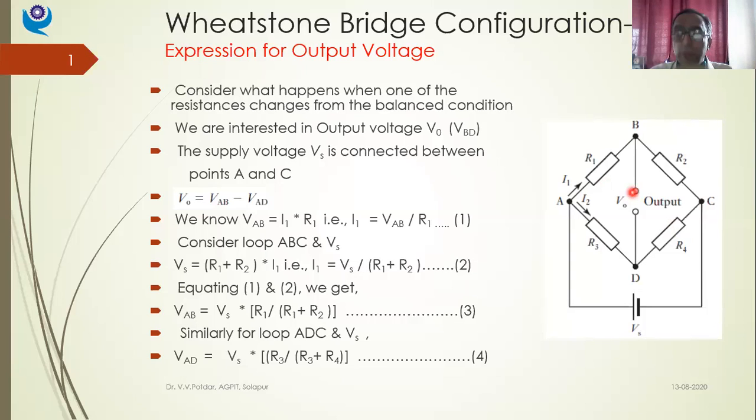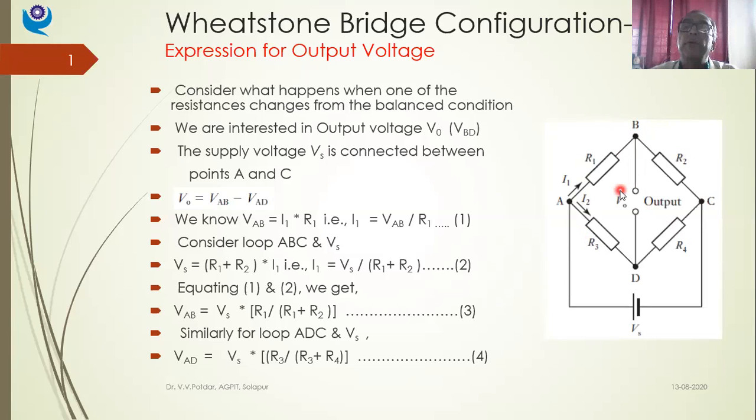This is how we have to write. You have to just show what are the currents in arm AB. We have I1 current flowing. In arm AD, we have I2 current flowing, isn't it? Right? Hopefully you have noted down.